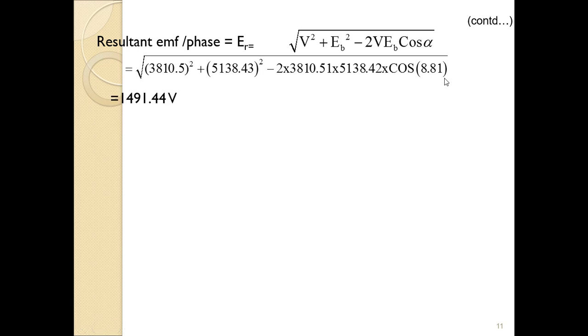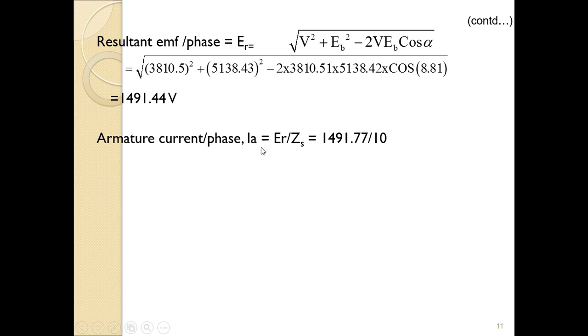So the resultant value is 1491.44 volts. So is this the line value or the phase value? Yes, you are right. This is the phase value. So the resultant ER is I into ZS.